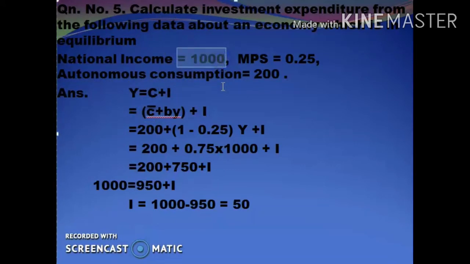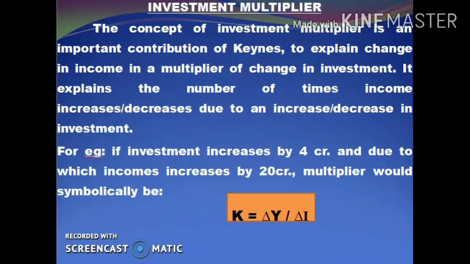So you will get 1000 equal to 950 plus I. Then investment I equal to 1000 minus 950, bringing the 950 to this side. 1000 minus 950 equal to 50 is the investment. Hope you understood.